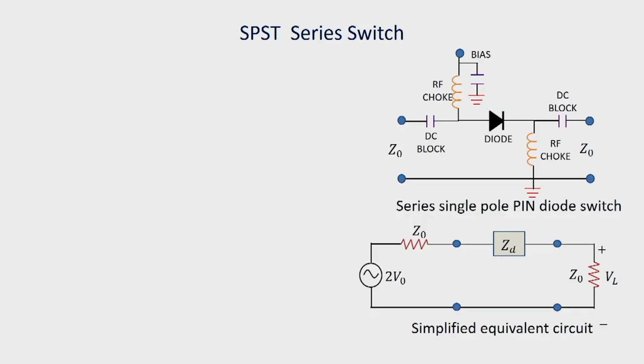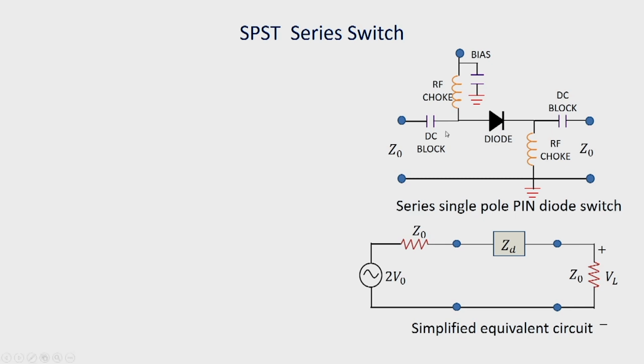We will start our discussion with a single pole PIN diode switch. This is also called SPST, single pole single throw. So, we consider a single pole single throw or SPST switch, the schematic of which is shown in the figure, and this is a series switch because here the diode element is connected in series.